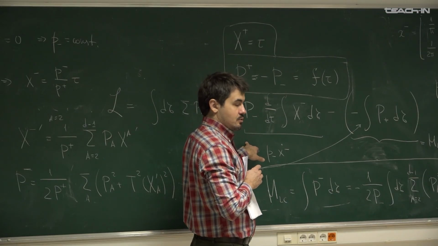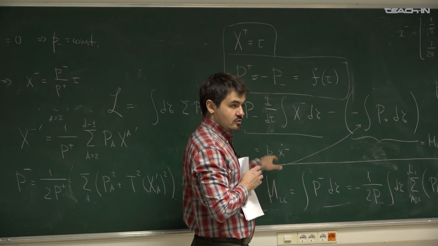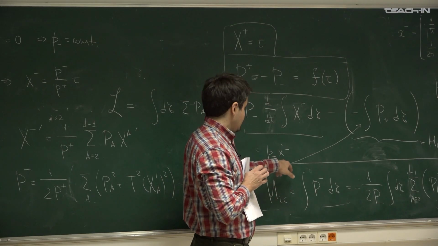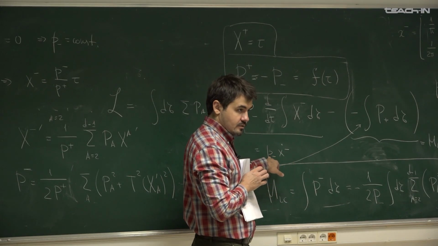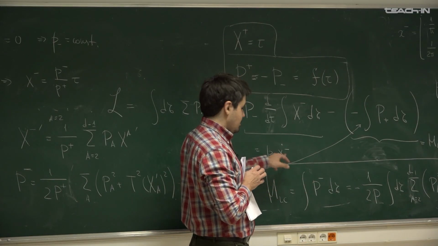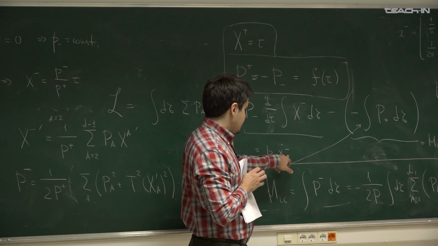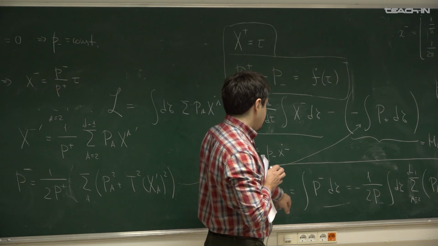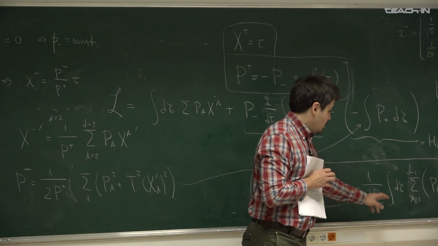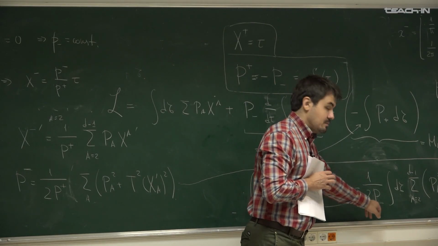So in particular, p minus and x minus are just a usual pair of canonical variables. Let's just vary with respect to x minus. You get minus p minus dot, and there's no x minus anywhere else. When you vary with respect to p plus, you get x minus dot, and then there is p minus here in the denominator. So you get 1 over p minus squared.